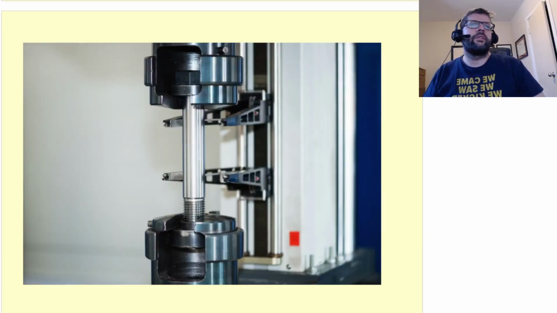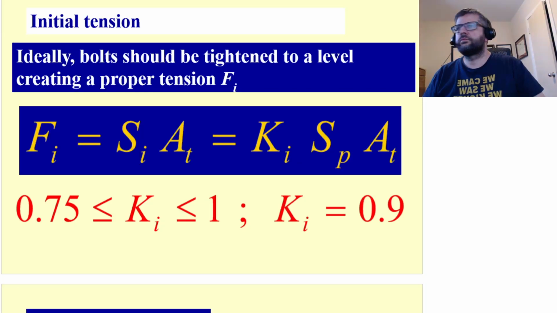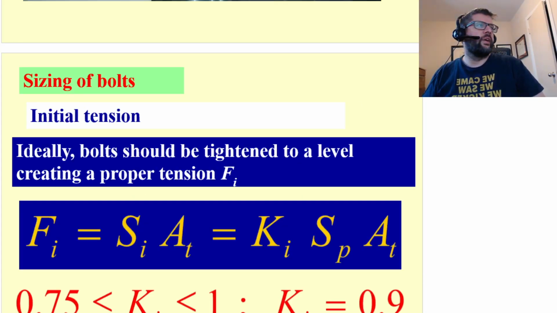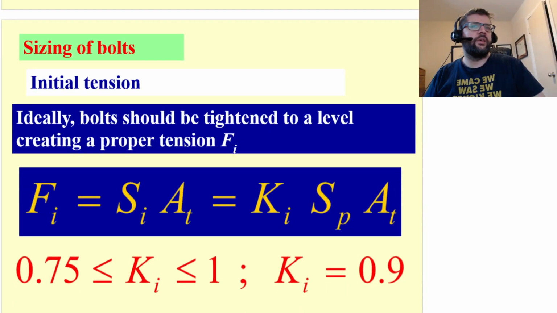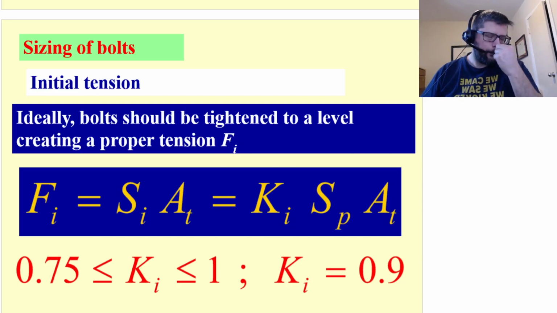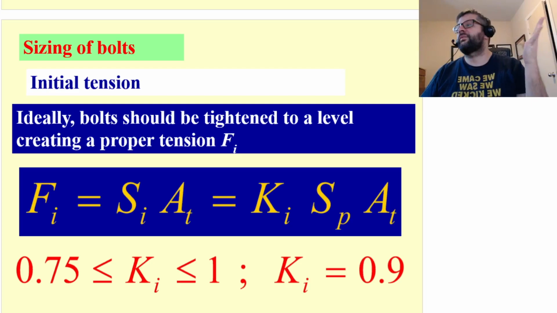Now here's just an example of the mechanism that would be used to test said bolt strength. As for sizing, we need to determine a few things. We need to determine our initial tensioning, so how tightly we need to clamp together this joint.